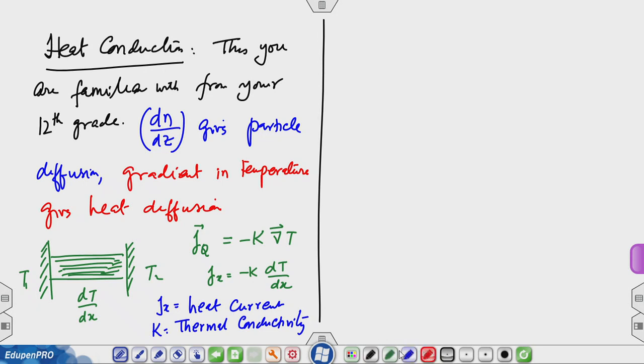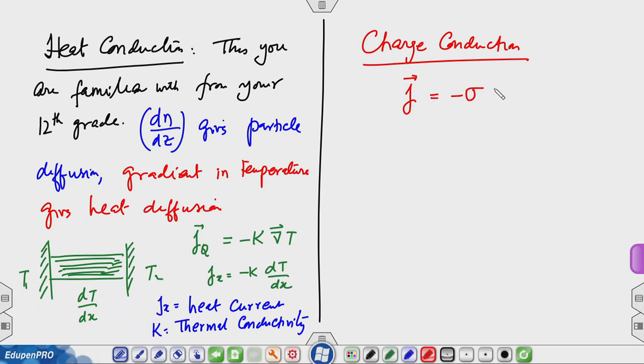Third, we have charge conduction, whereby a current density, again you have seen it from your 12th grade, is given rise to by gradient in the potential, where sigma is conductivity and V is the electric potential.